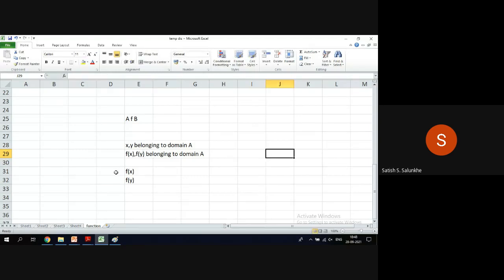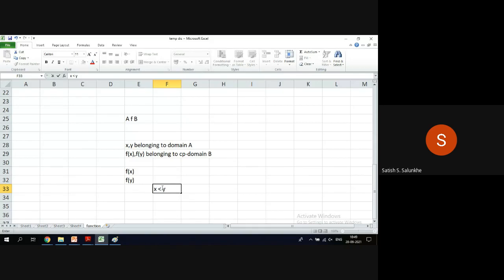If you take any two elements belonging to the domain, we need to observe what their images are in the codomain. So we need to observe x is less than y in your domain.